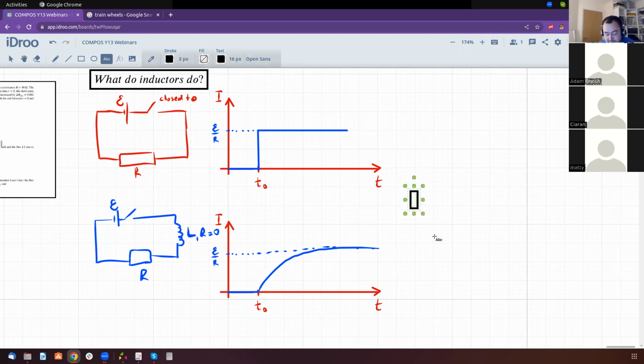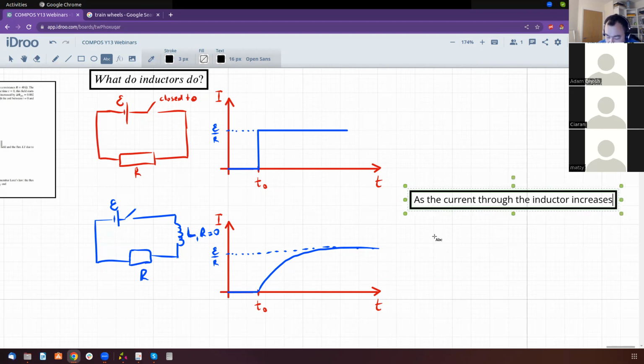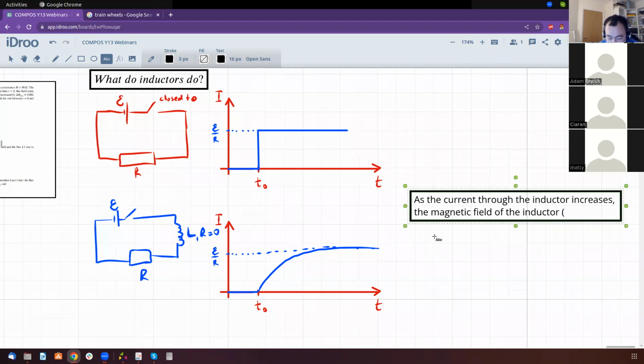The inductor uses Lenz's law. As the current through the inductor increases, the magnetic field of the inductor, which is a solenoid, increases.